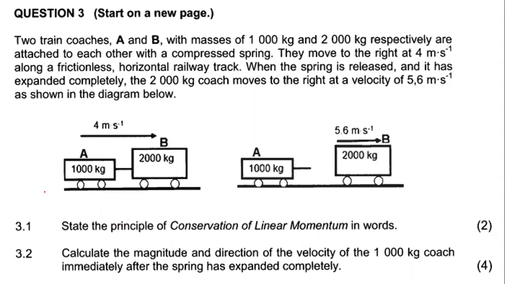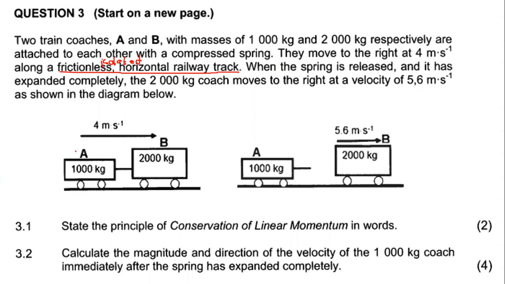In other words, both of them are moving at 4 meters per second along a frictionless horizontal railway track. Remember what that means. Immediately when we are told that there is no friction, we understand that the system is isolated, because they have just told us that the railway track is frictionless.